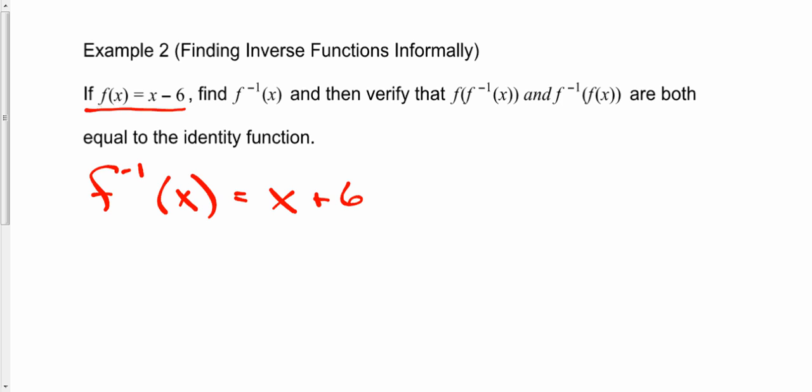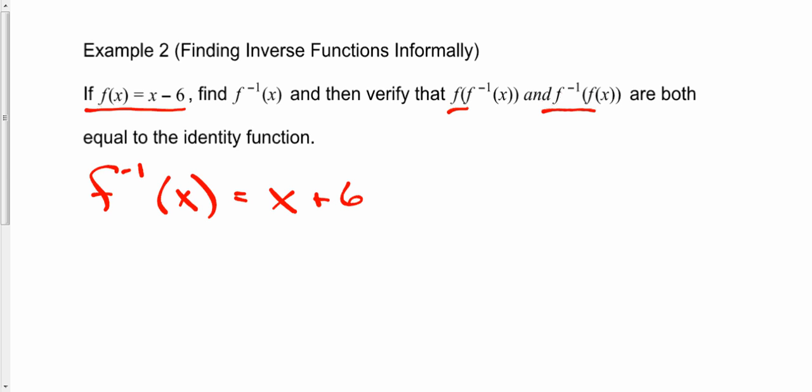Okay, now I want you to verify that f composed with the inverse of f is x, and then I want you to confirm that the inverse of f composed with f is also x. Only then do I know that what? Not about you, about this.